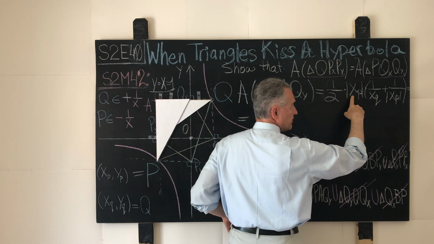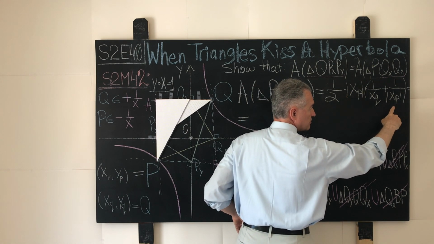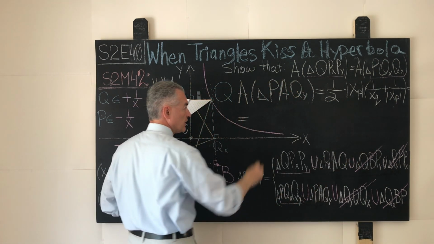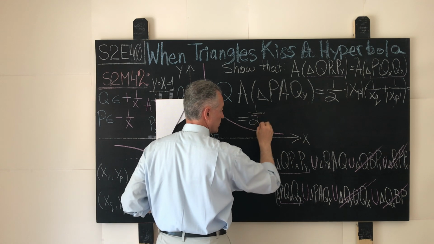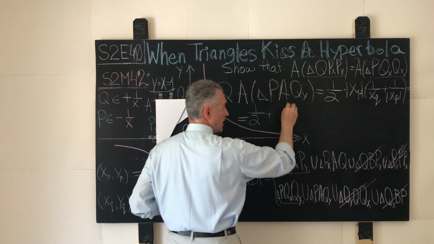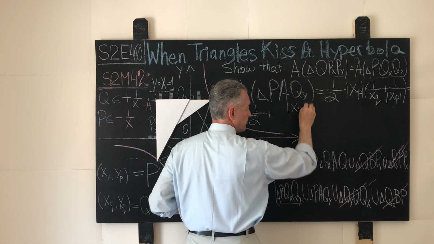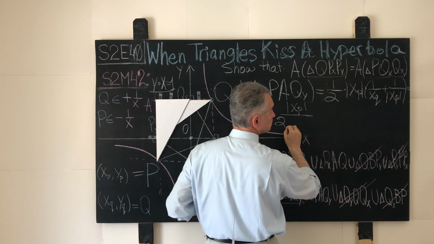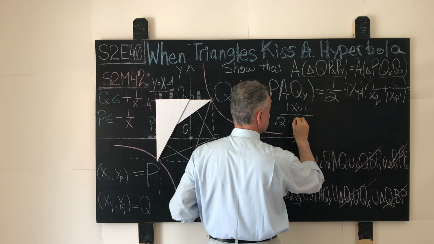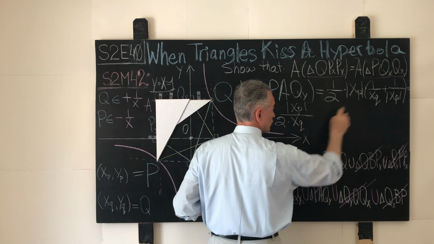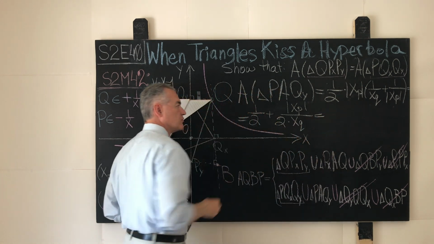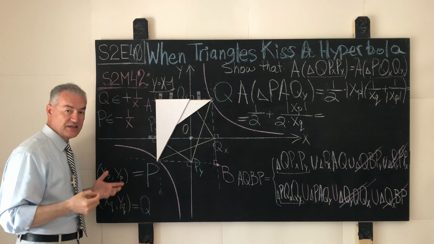The absolute value of xp in the numerator times the absolute value of xp in the denominator cancel each other out. We have, again, our favorite 1/2 plus the absolute value of xp over 2 times the value of xq for this product right here. And we bravely put the equal sign because we already understand where it's going.